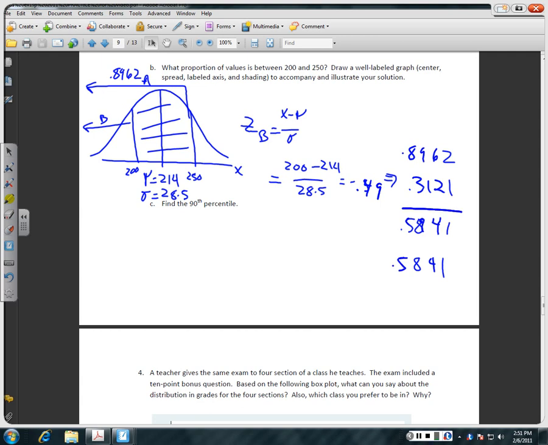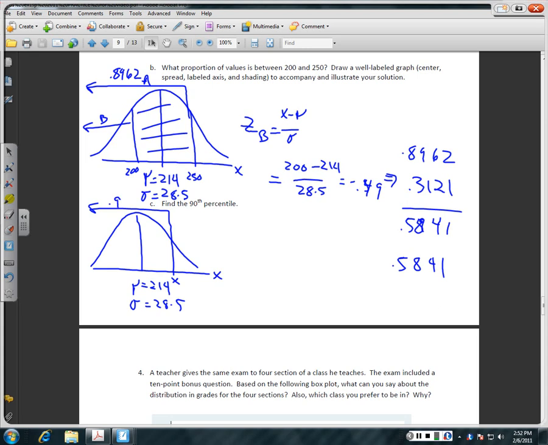Okay. Wish I'd left myself a little more space for this part over here, but oh well. Here we go. Anyway, we're looking for the 90th percentile. That means we're looking for a value of x such that 90% of the values are below that point.